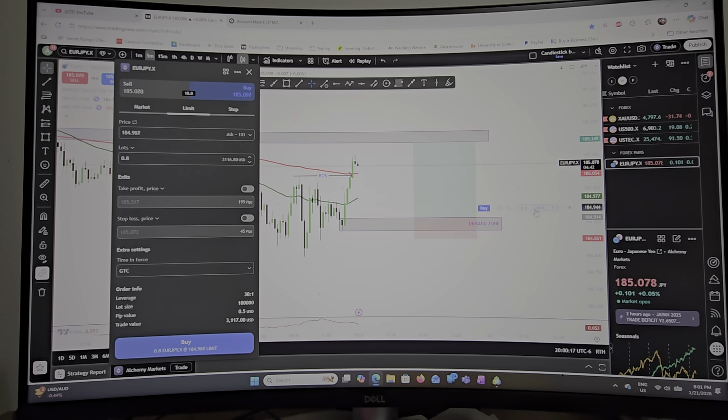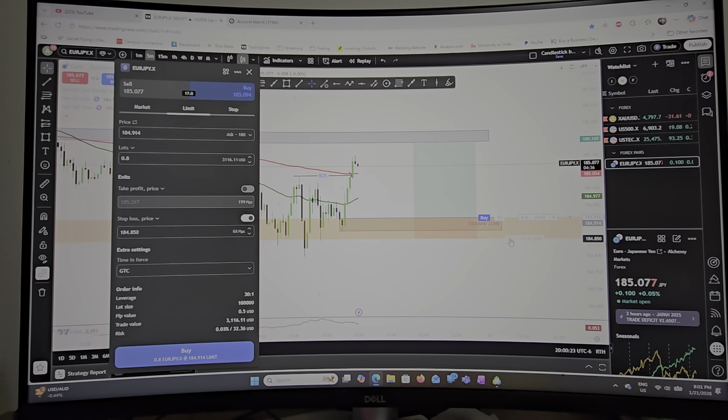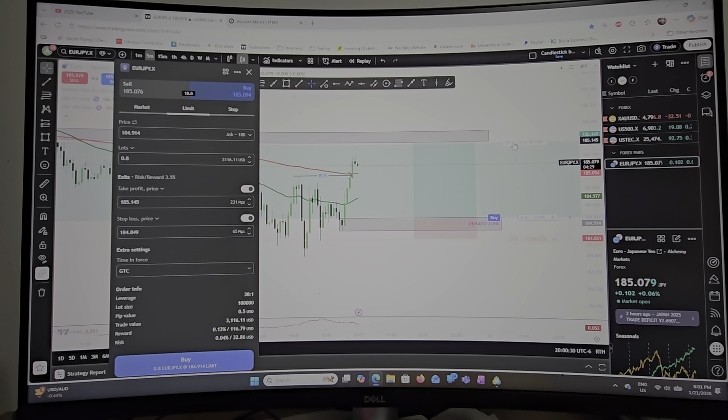So this would be the setup that I would take if I'm taking this trade. Stop loss right there, 32, and take profit for $119. That would be my setup for this trade if I were to take it.